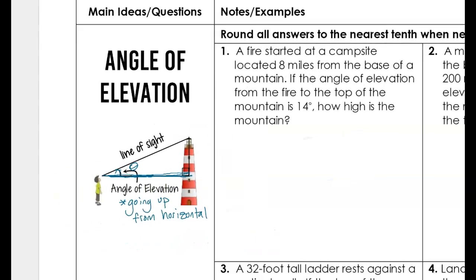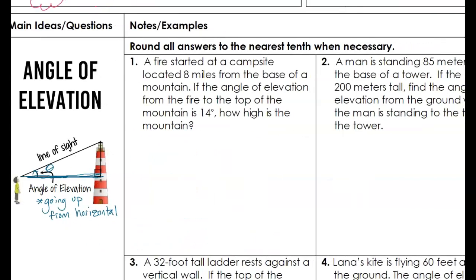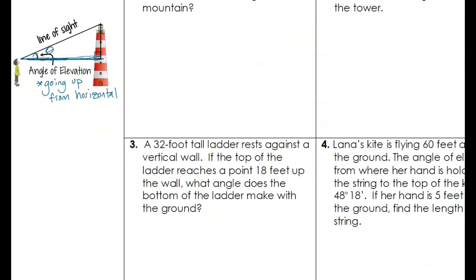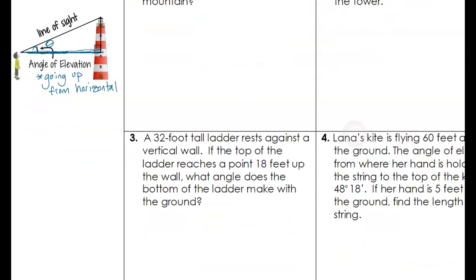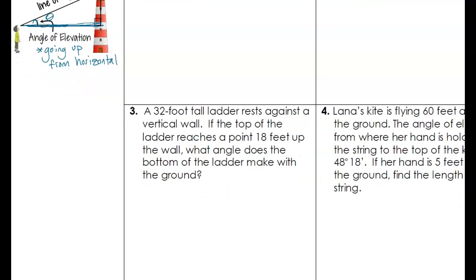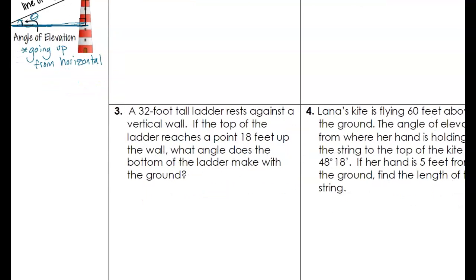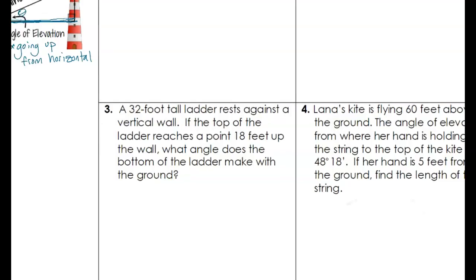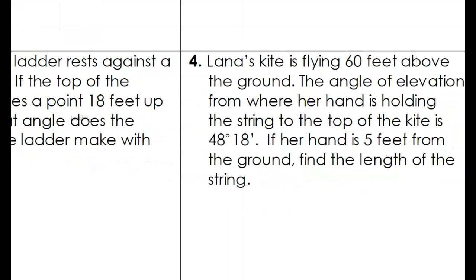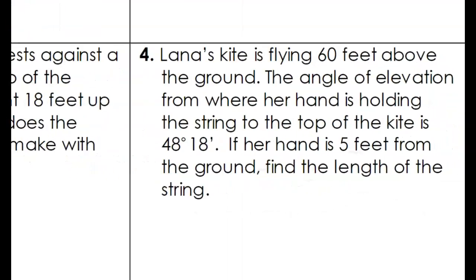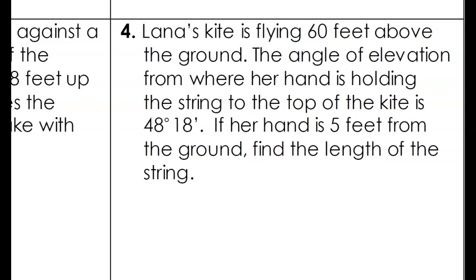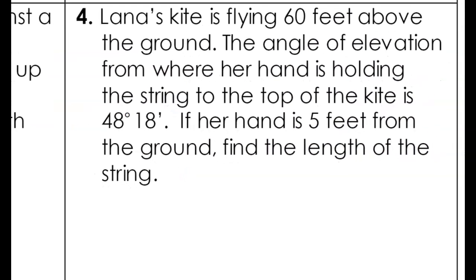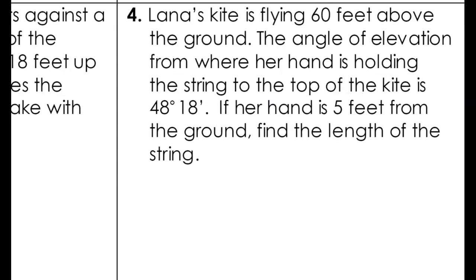So let's try, let me see. I don't want to pick the easiest one, but I don't want to pick the hardest one. Yeah, let's do this number 4, because for some reason you guys always seem to have issues on kite problems. I don't know why. So let's go.